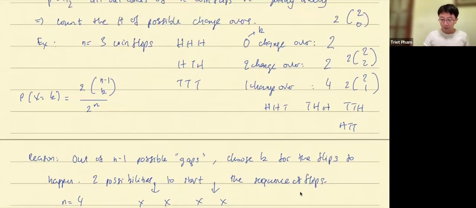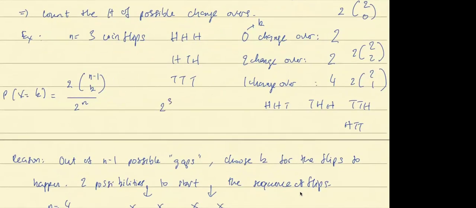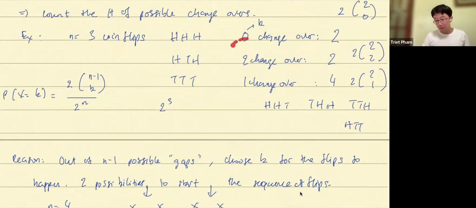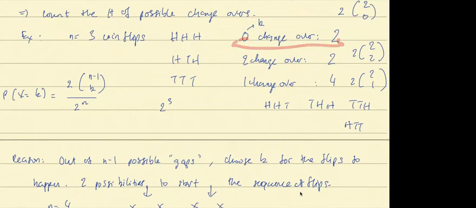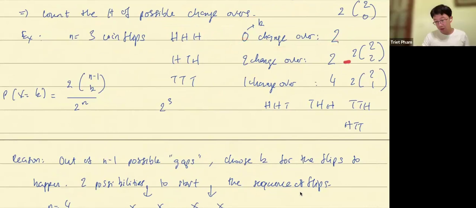So again, with 3 coin flips, how many sequences of coin flips can I write down? 8. Out of those, how many of them have no changeover? 2, which is 2 times 2 choose 0. So the probability of no changeover in this particular case is 1/4. But the general answer is that. It's just basic counting.